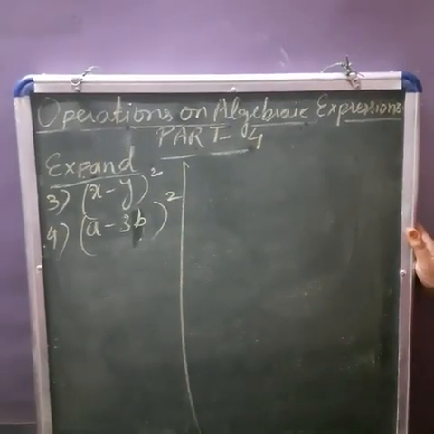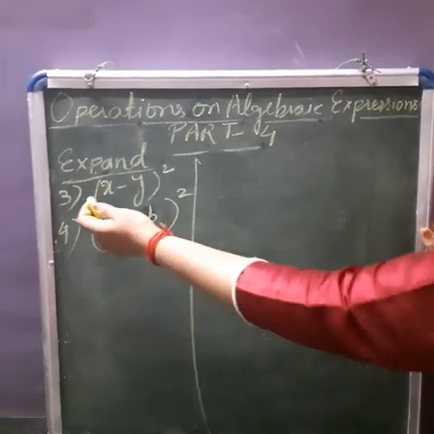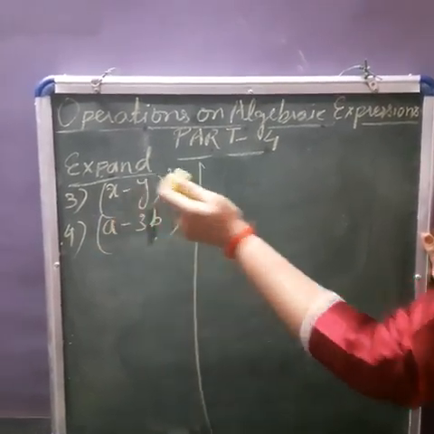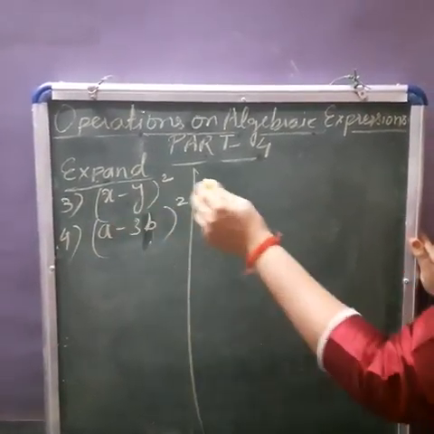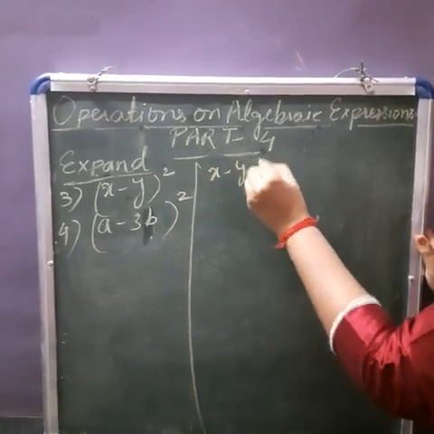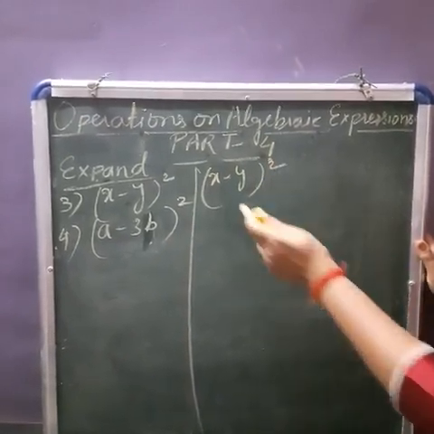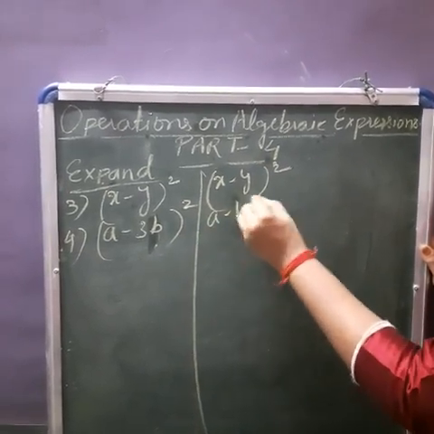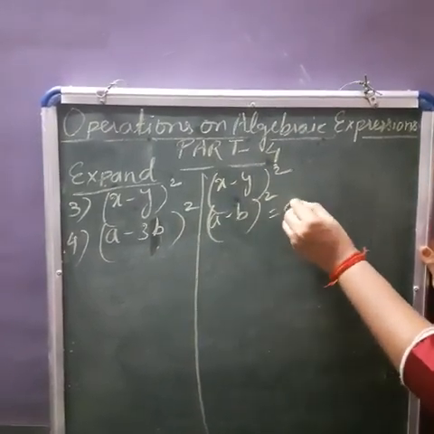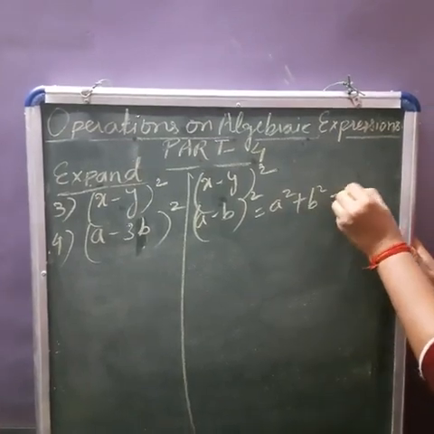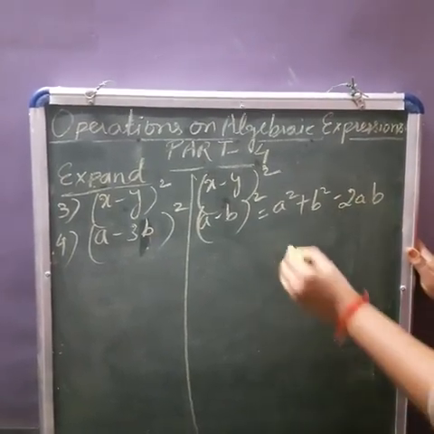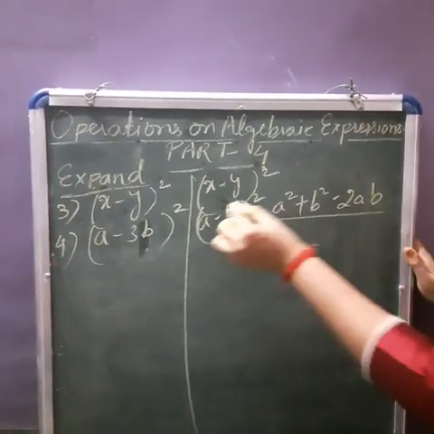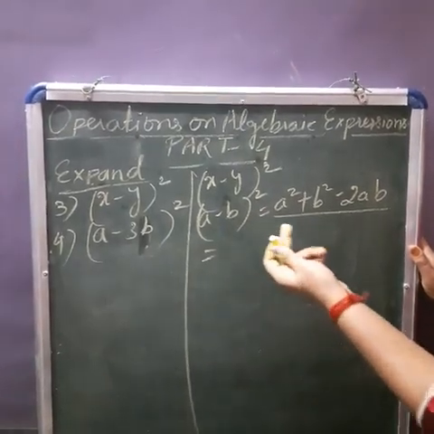Now I have taken two more questions, that is question number 3. Here we have taken a minus sign in this bracket and you have to expand it, (x - y) whole square. Here we have a minus sign, so we will use this identity (a - b) whole square is equal to a square plus b square minus 2ab, and this is the expansion form for this.